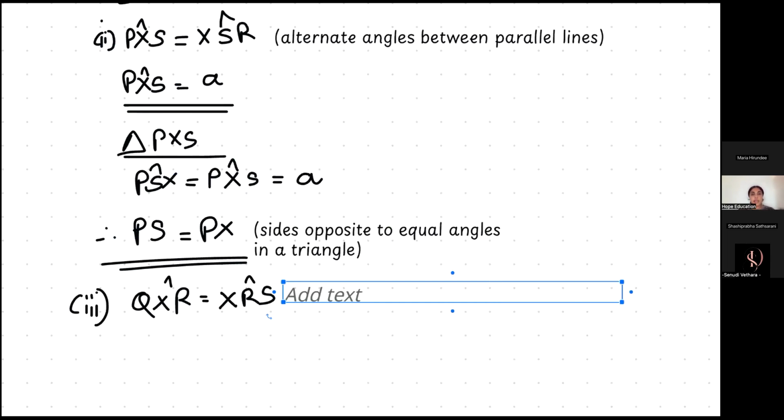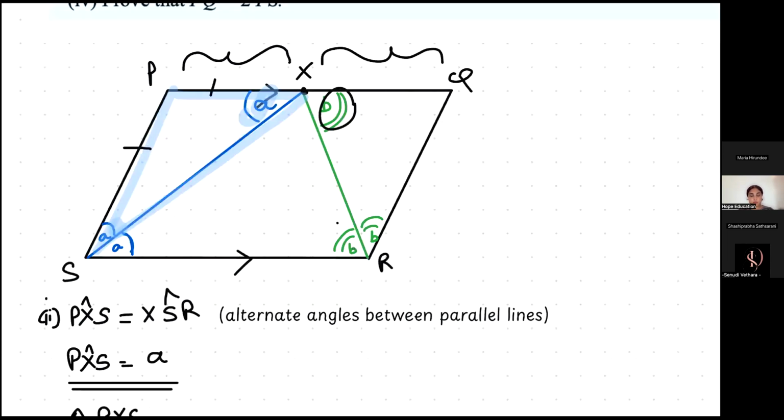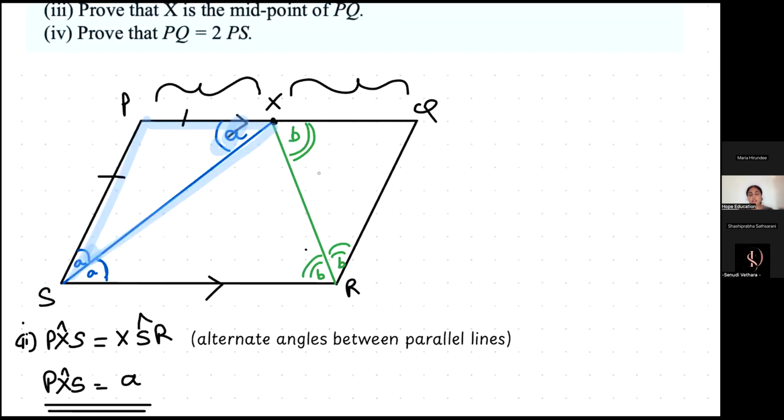Okay. And now this is B. This is B. Therefore, QSR is B. Okay. Now this is B. This is also B. And I want the opposite equal. Therefore, this side will be equal to this side.